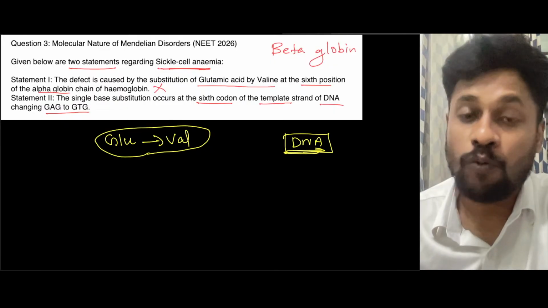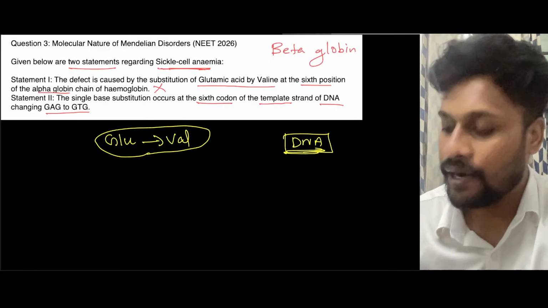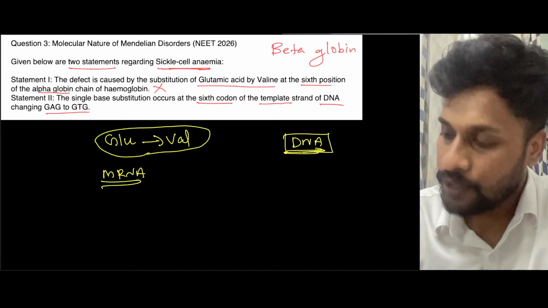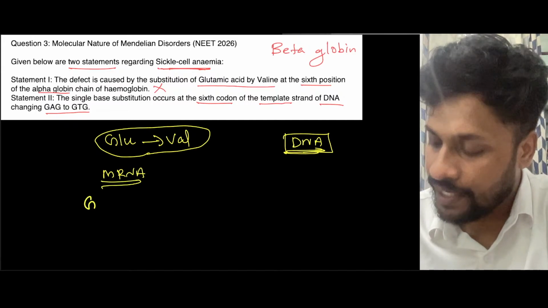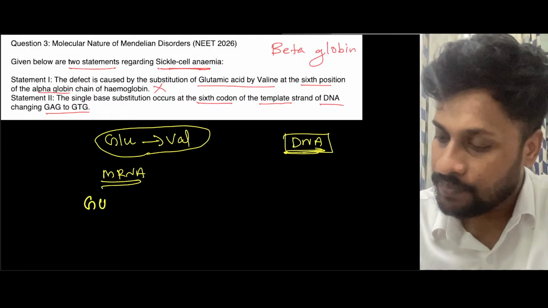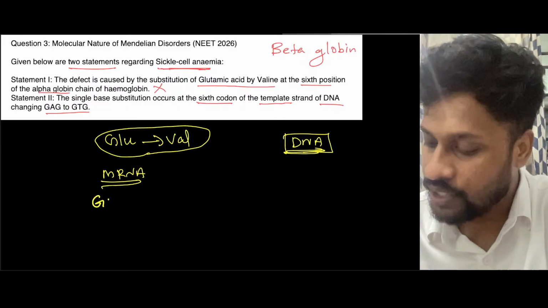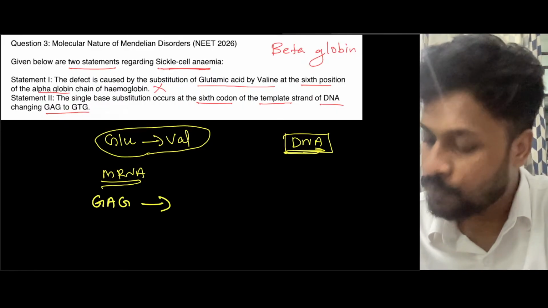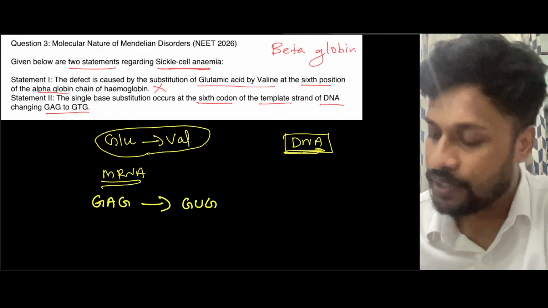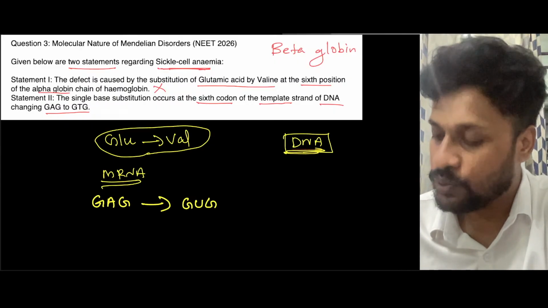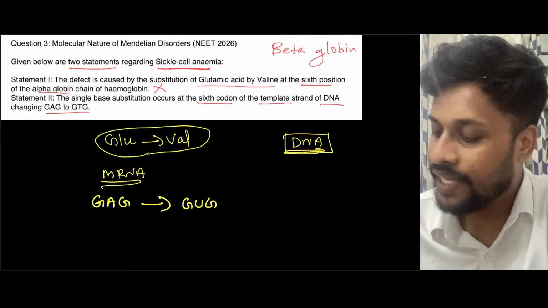For that, you need to know what is happening in mRNA. In mRNA, GAG will be converted into GUG, right? GAG converting into GUG. Now, in case of DNA, what will happen?